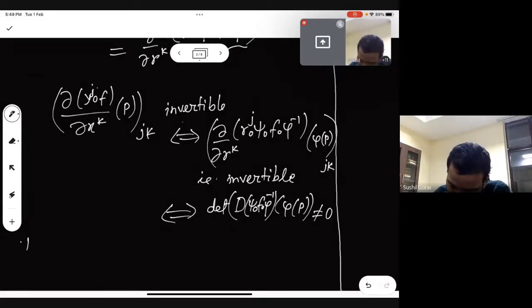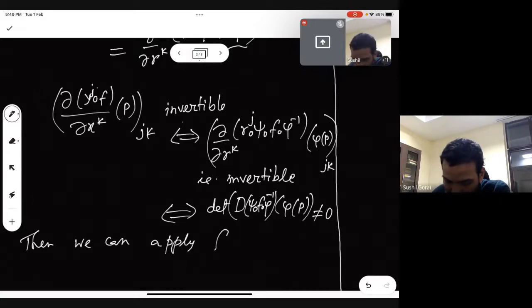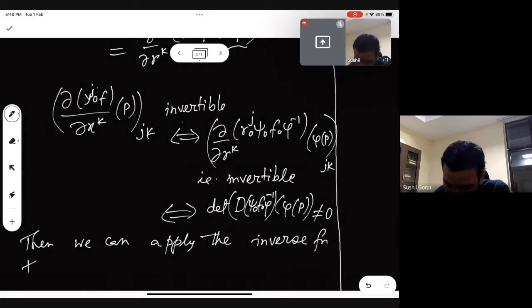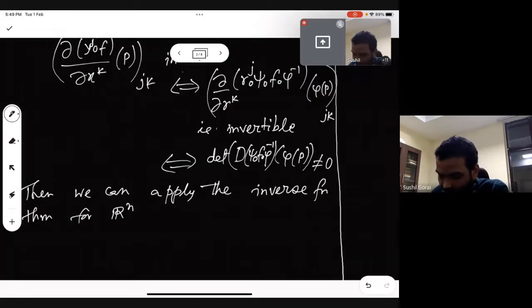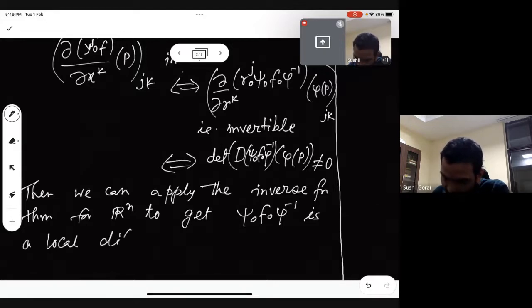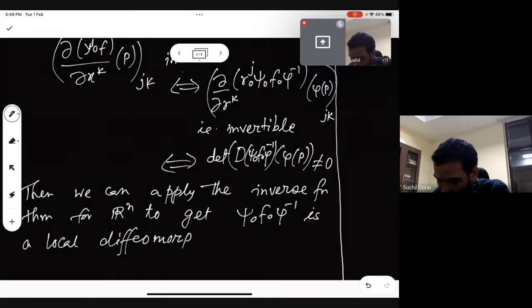All right, then we can apply the inverse function theorem for Rn to get that psi compose f compose phi inverse is a local diffeomorphism at phi p.